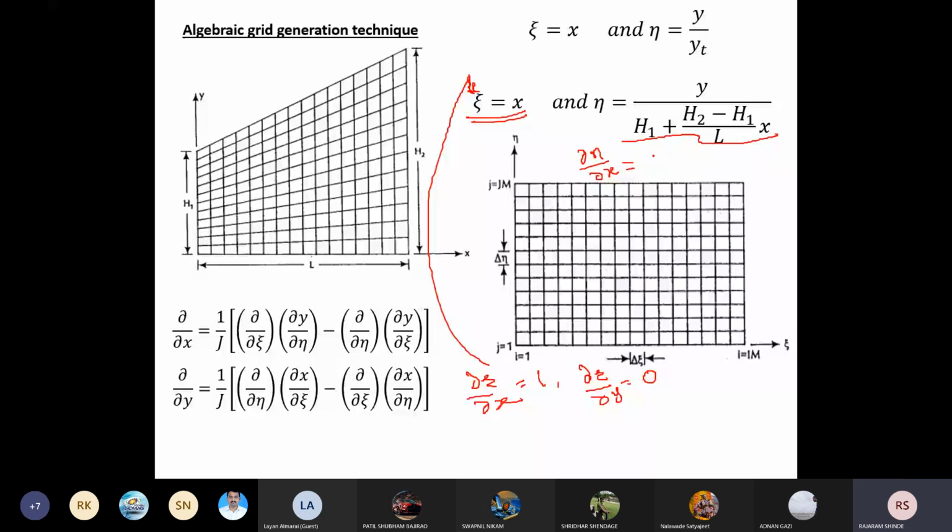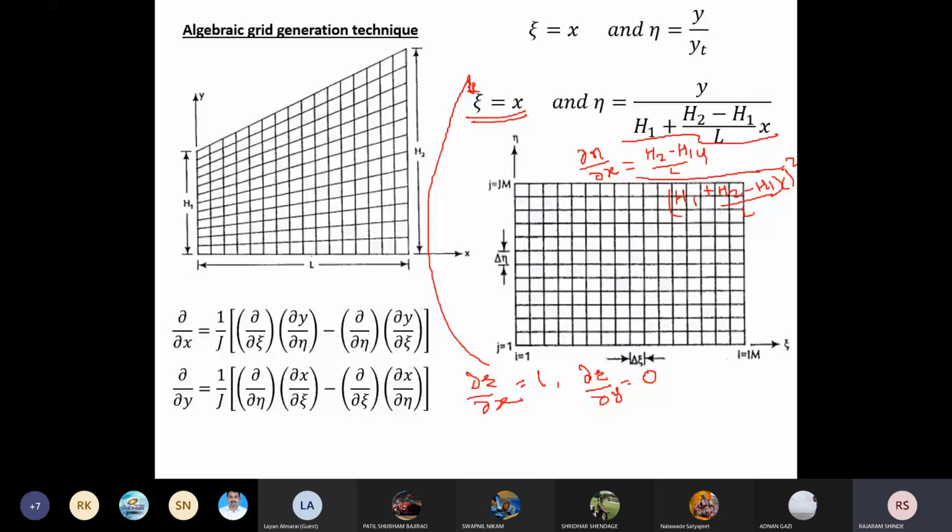So when we differentiate this equation, you will get h2 minus h1 divided by L into y, and the whole divided by h1 plus h2 minus h1 divided by L into x, the whole squared. This is the derivative of eta with respect to x.